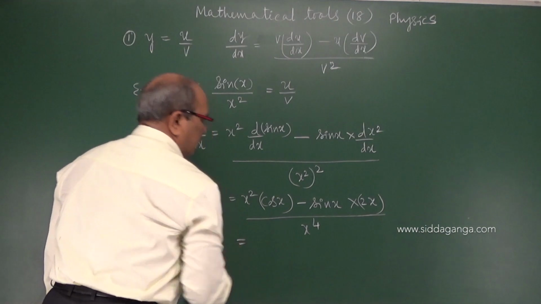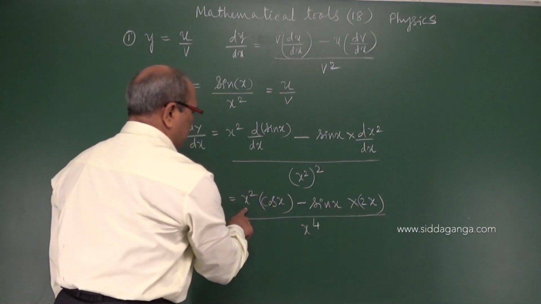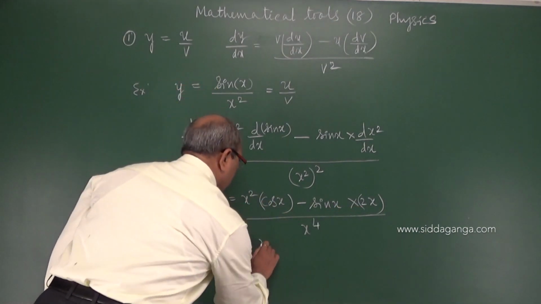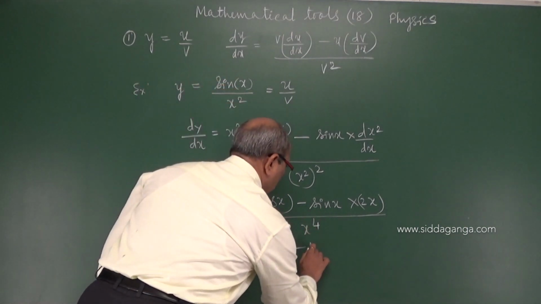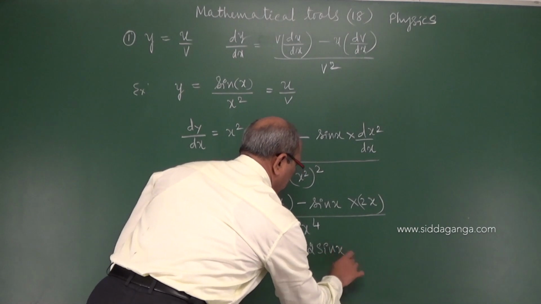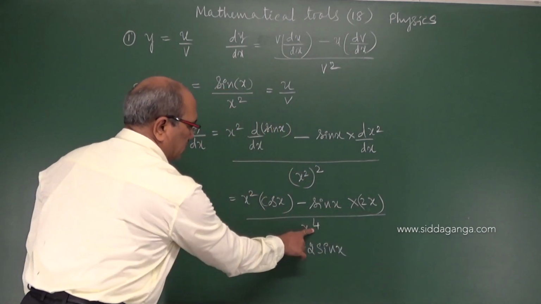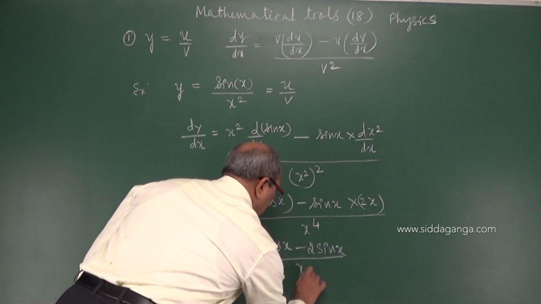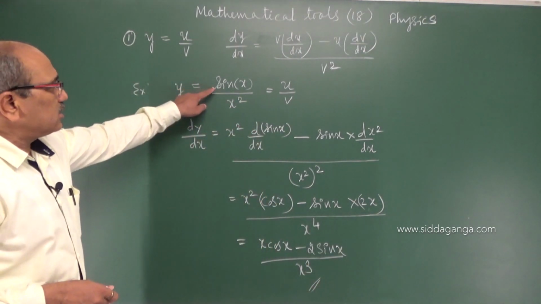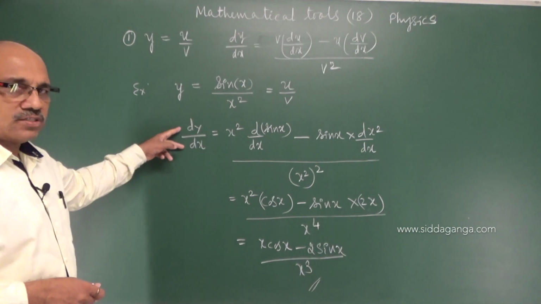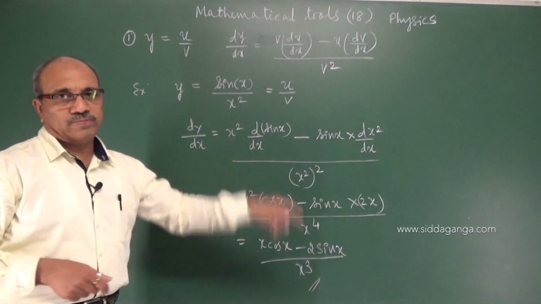Here I can take x out, x remains: x into cos x minus 2 sin x, one x cancelled, and I can write it divided by x cube. This is the solution. This is how to find the differentiation for sin x by x square, when you have the ratio u by v.